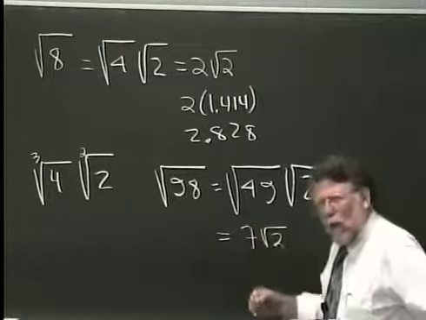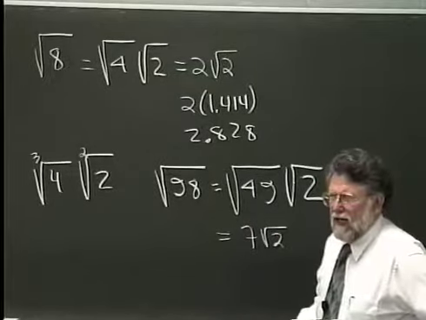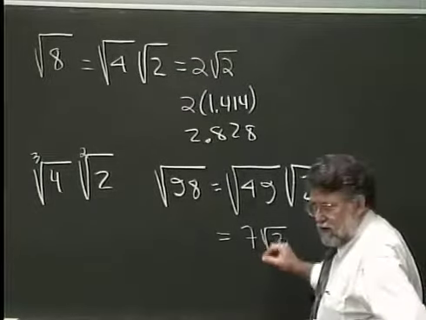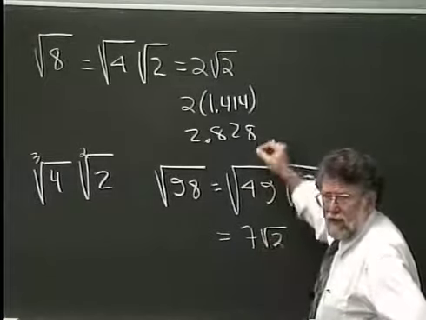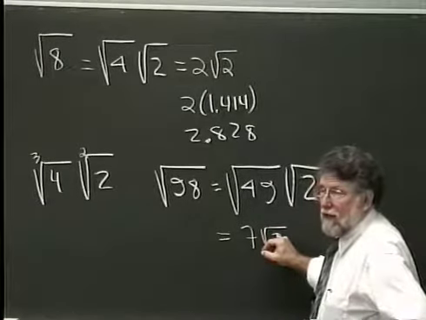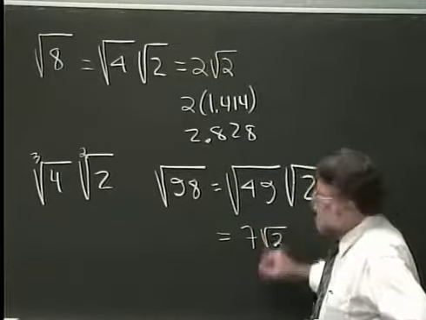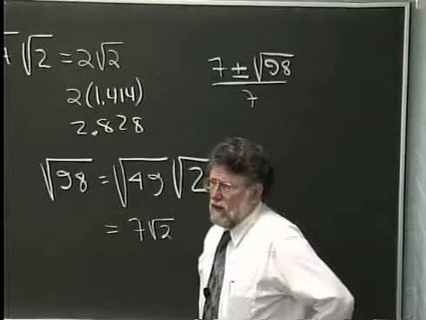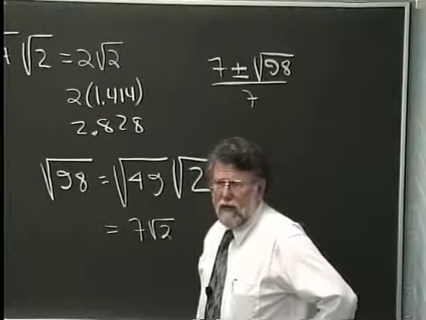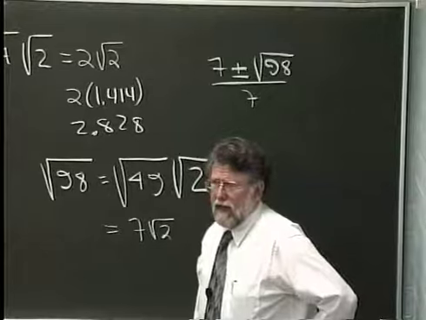So again, question, why would you do simplifications like that? There's obviously the answer I've tried to give in terms of getting numerical values in decimals. But what if I had 7 plus or minus the square root of 98 over 7 for a solution to a quadratic equation that we talked about yesterday?